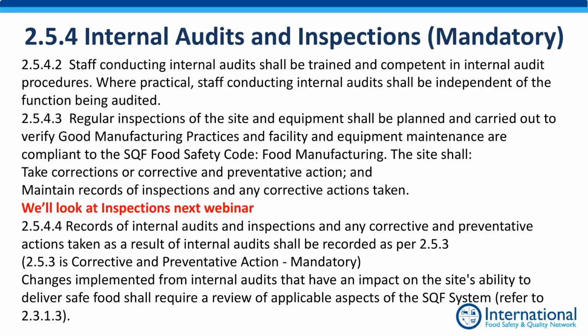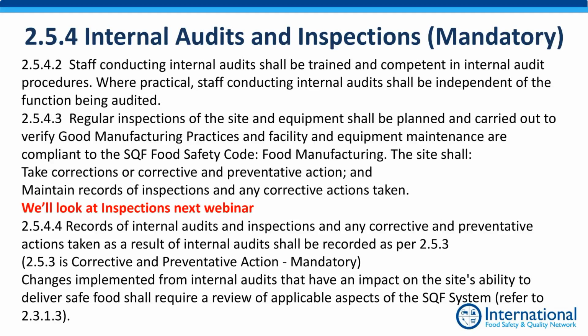Regular inspections of the site and equipment need to be planned and carried out to verify good manufacturing practices and the facility and equipment maintenance are compliant with the SQF Food Safety Code. The site shall also take corrective and preventive action and maintain records of inspections and any corrective actions taken.